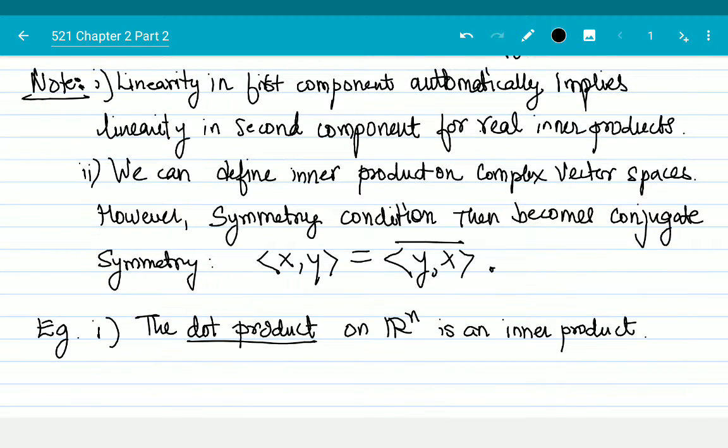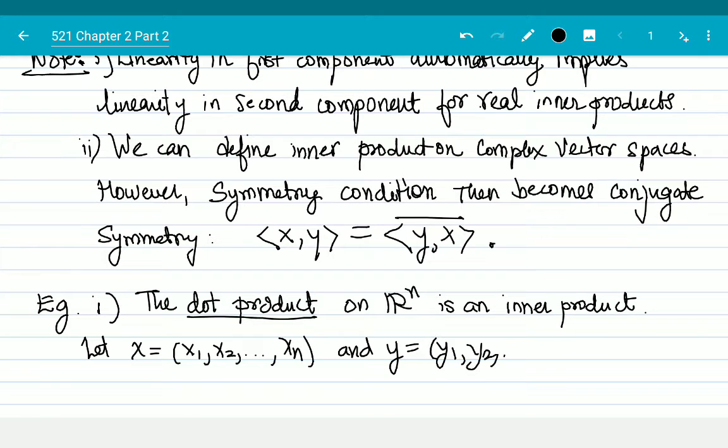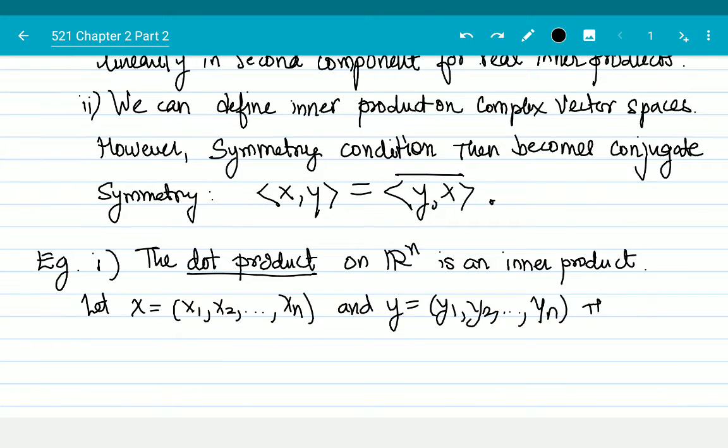If you remember what the dot product is, for x equal to x1, x2, dot dot dot, xn, and y equal to y1, y2, dot dot dot, yn, x dot y is equal to x1 y1 plus x2 y2 plus dot dot dot plus xn yn.